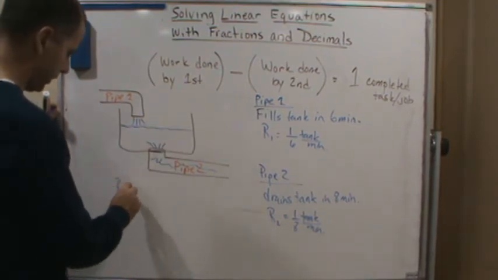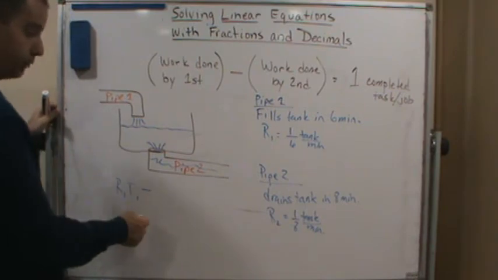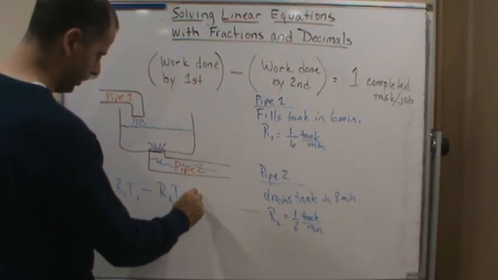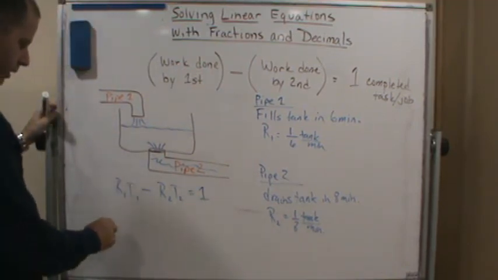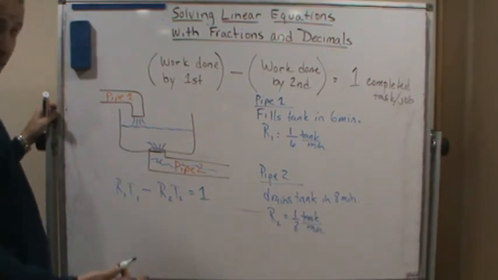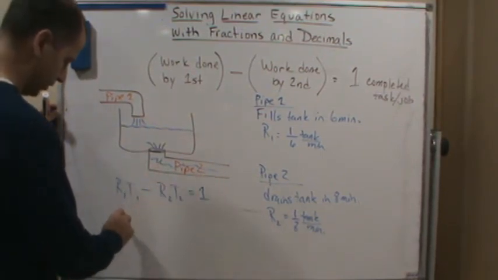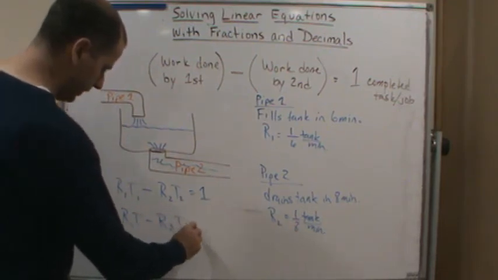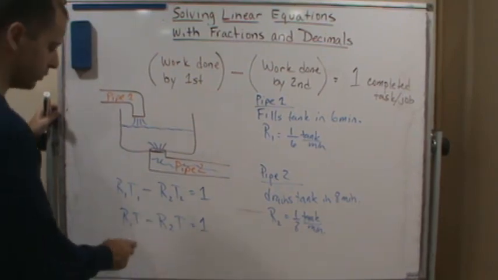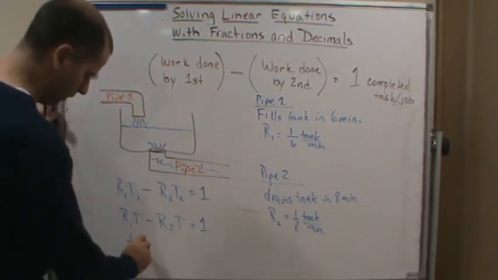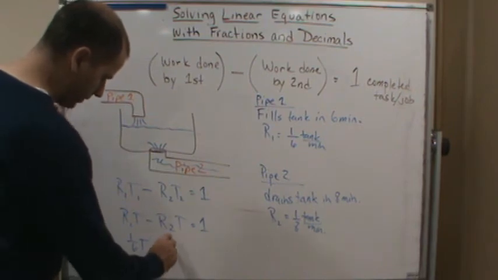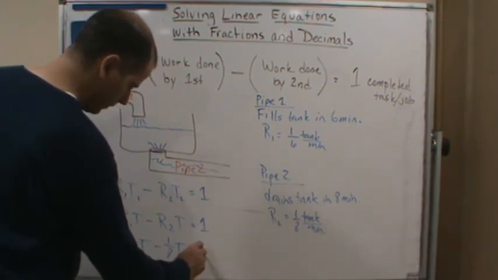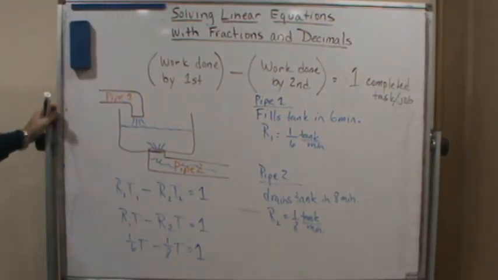So it's R1 times T1 minus R2 times T2 equals 1, and T1 is equal to T2, which is equal to T. So R1 times T minus R2 times T equals 1. R1 is 1/6 times T minus 1/8 times T equals 1.